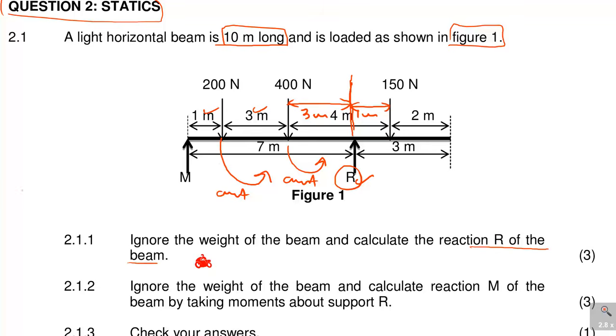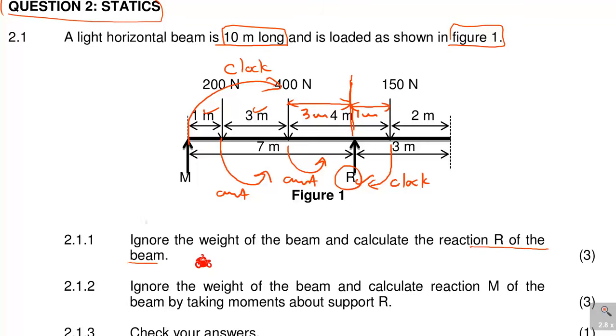But now look at the 150 about R. This force will cause it to go in the other direction, which is clockwise. What about M with respect to R? You can see that M is going to push it up and also go clockwise.